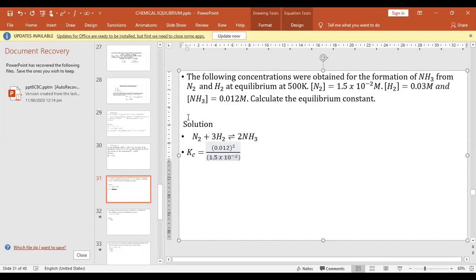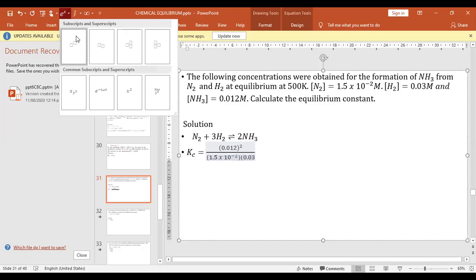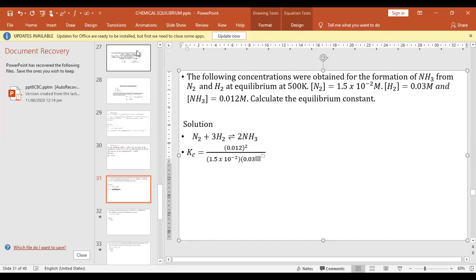The concentration of hydrogen should be raised to the power 3 because it has 3 moles. So we have 0.03 exponent 3. So we punch in these values.